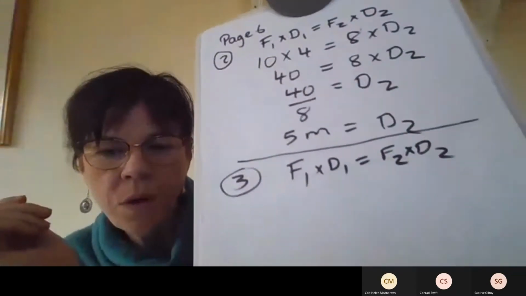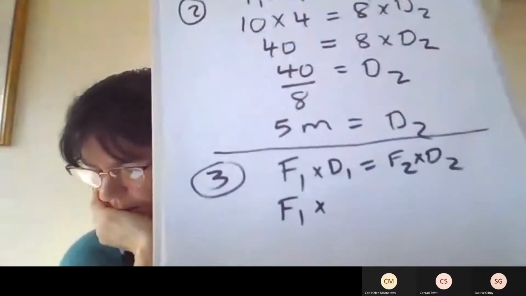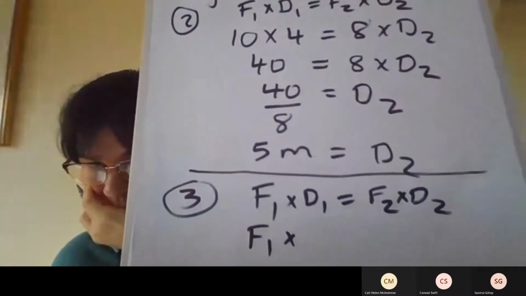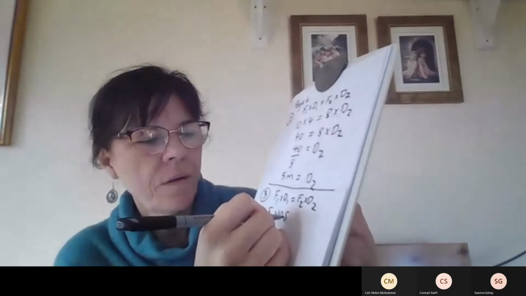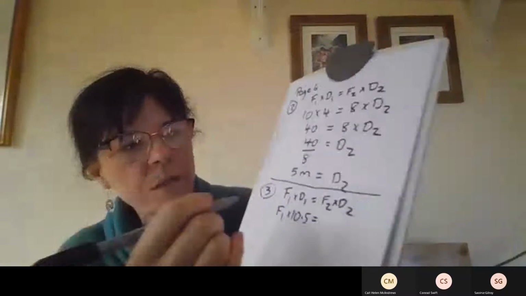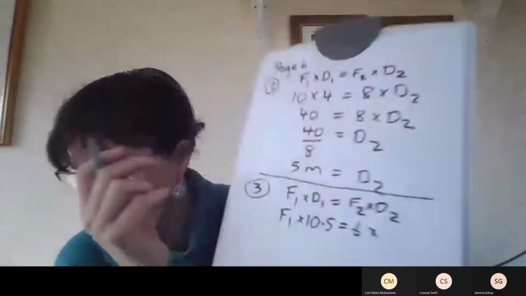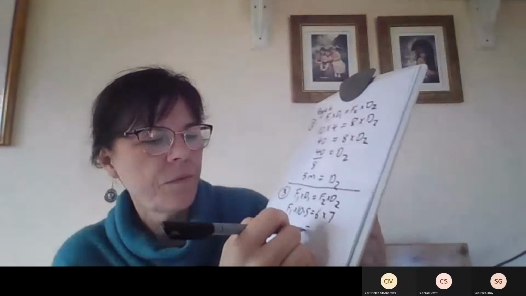So for F1, we're not going to put in a value, we're going to keep it as F1. Put in the distance. Okay, 10.5 equals, what's your F2? 6 newtons. And your D1 is 7 meters.